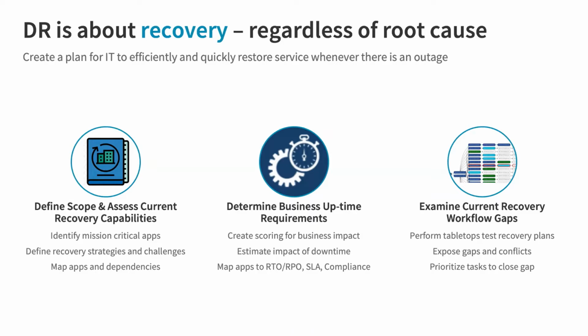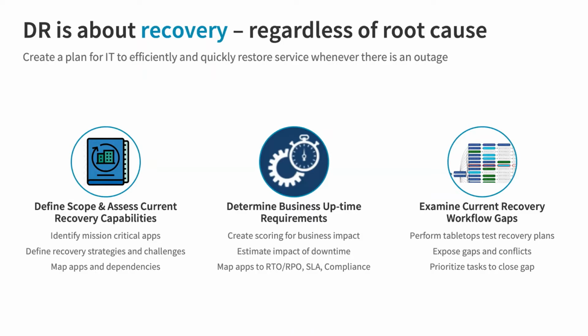Next, business needs to define a scoring method to assess an application's business impact or its criticality to business, and assess the impact of downtime for each app in measurable ways, such as cost of lost revenue or impact to reputation. IT can then map the right recovery process to each application based on its score.